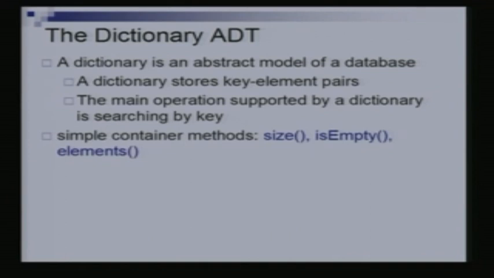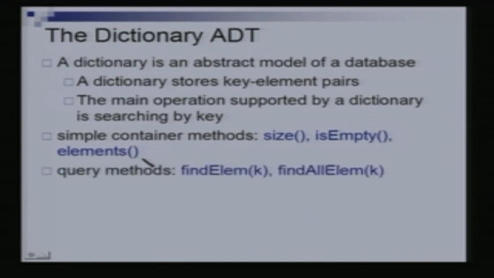What are the kind of methods that we have in a dictionary abstract data type? These are the standard container methods that we have seen for queues and stacks. One is size, which tells us how many elements are there in the dictionary; isEmpty, whether the dictionary is empty or not; and elements, which returns all the elements in the dictionary.